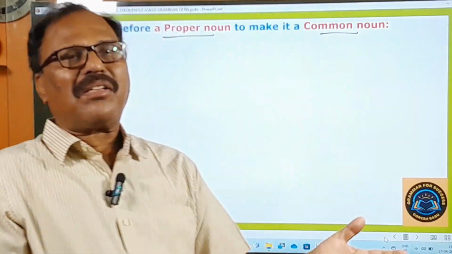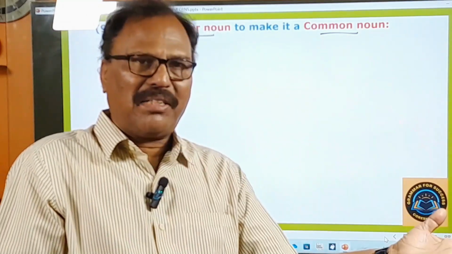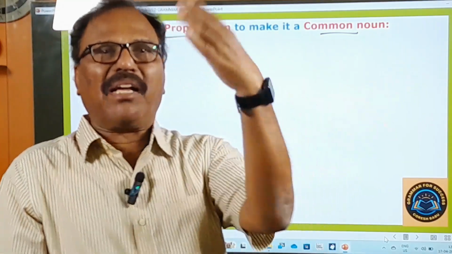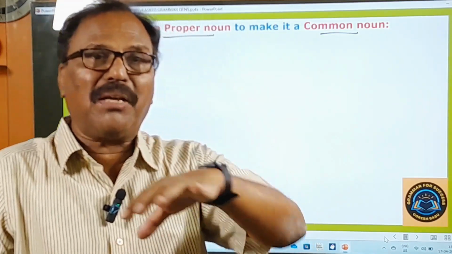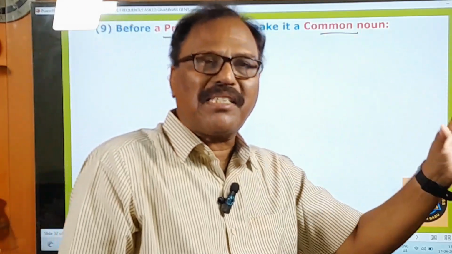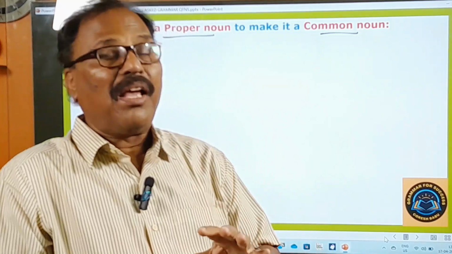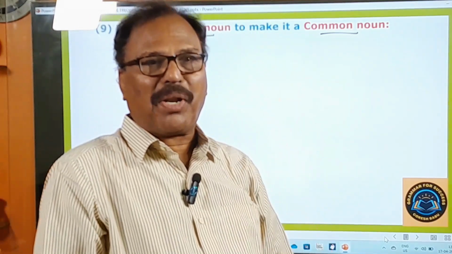And for places also we have particular names. Yes, Hyderabad is the particular name of this place. Warangal is the particular name of this place. Chautupal is the particular name of this place. And Nalgonda is the particular name of the town. So in this way, all particular names of places are also called proper nouns. And all particular names of things are also called proper nouns.